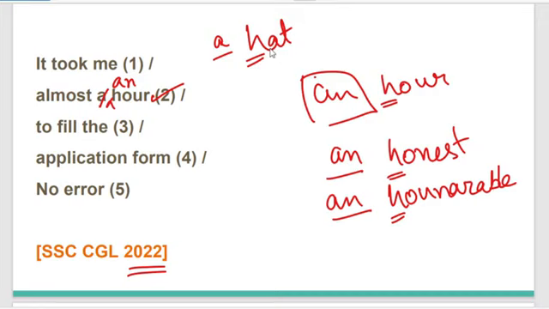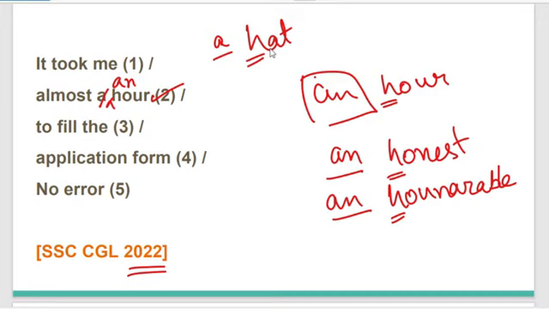So it is actually differing from word to word and also the letter with the help of which the word is starting. If the letter is playing the role of a vowel, then an will be placed before the word, and if the letter H is playing the role of a consonant, then a will be placed before that word.